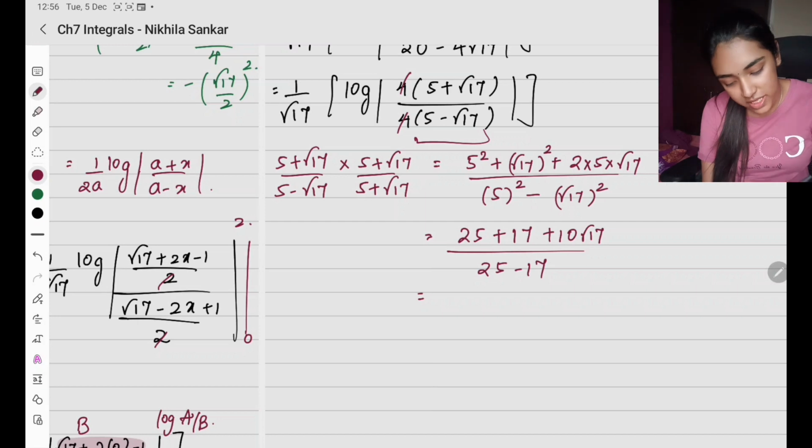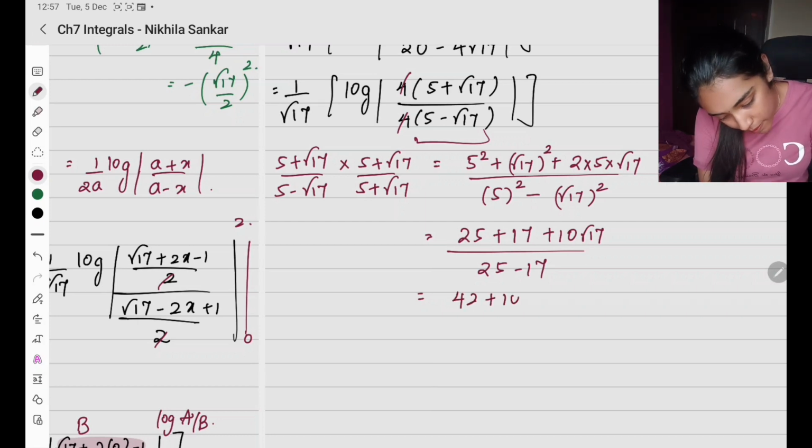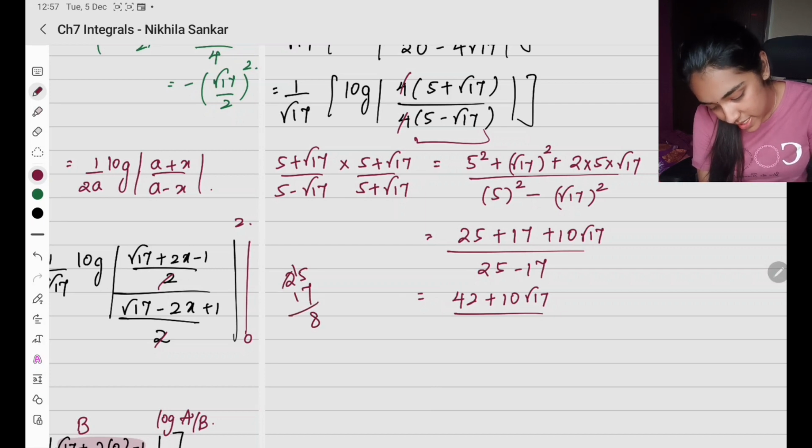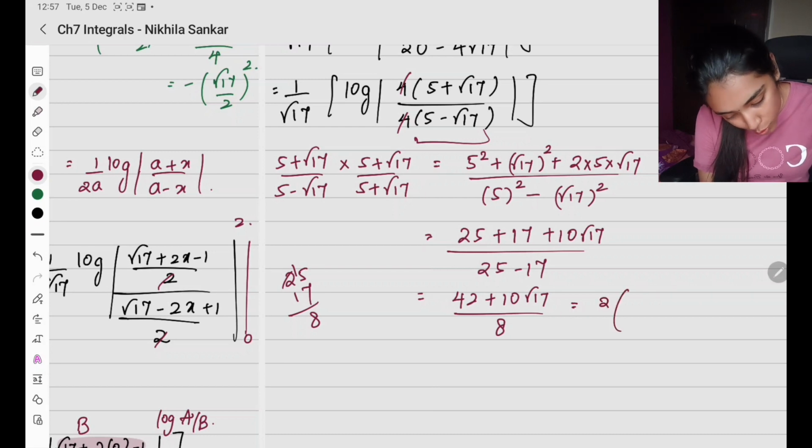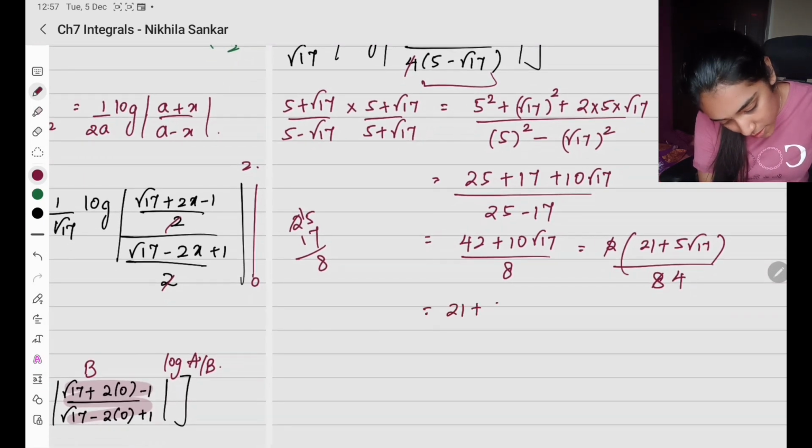So 25 plus 17 is 42 plus 10 root 17, divided by 8. When I take 2 outside, 2 times 21 plus 5 root 17 divided by 8. So this gets cancelled, and I have 21 plus 5 root 17 divided by 4.